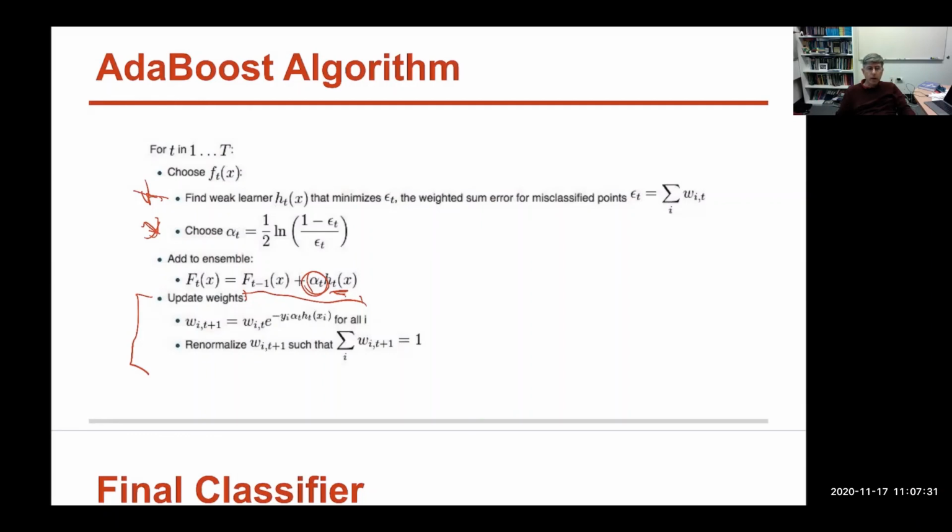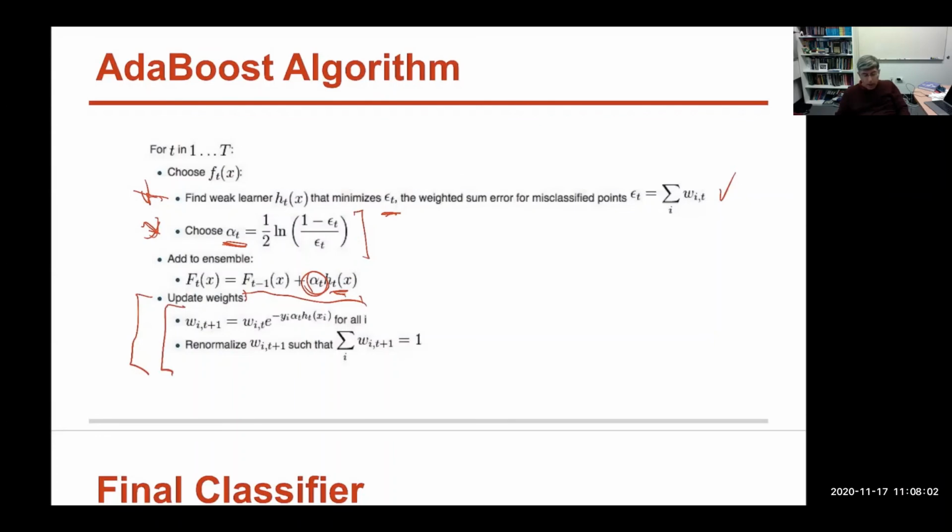Which tree? We want to add the tree, the new feature, that minimizes the weighted error on our weighted points. The weight of our new classifier is going to be a function of how accurate it is. And then we're going to update the weights of the points.